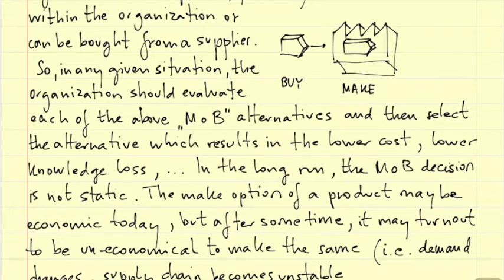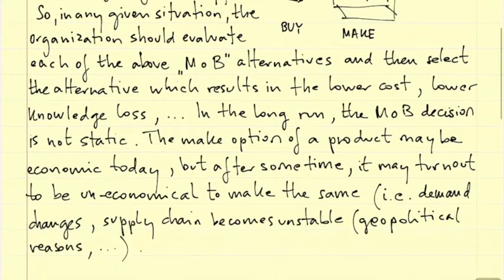And for this reason, I decide to stop buying a product. I decide to produce it myself. So the decision is made opposite. Okay. Due to geopolitical reasons, and so on. So there are a couple things that make this decision unstable.